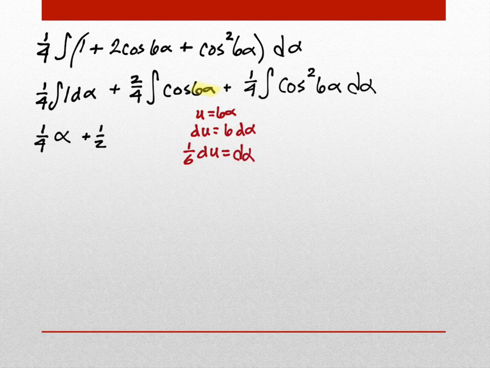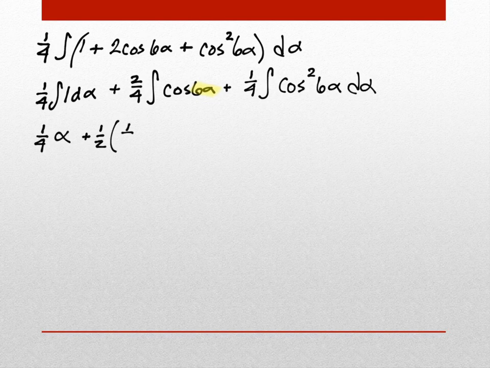So anytime I have an angle measurement that's not just the variable, I end up with a reciprocal of that value multiplied, or I end up dividing by that value. So if you recognize that, you could actually skip doing this because it's that simple of a u substitution. So you have your 1/2, and then you're going to have a 1/6 coming from really the inverse of the chain rule.